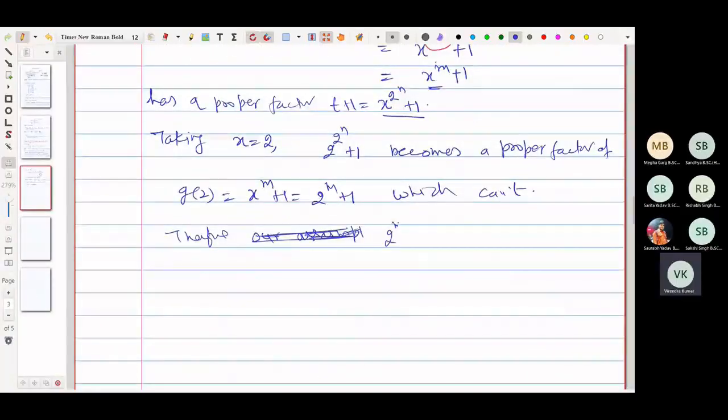Why? Because this now becomes a proper factor of this number. So if some number has a proper factor, then how can it be a prime? Proper factor means other than that number and 1. So 2 to the power m plus 1 is not a prime.